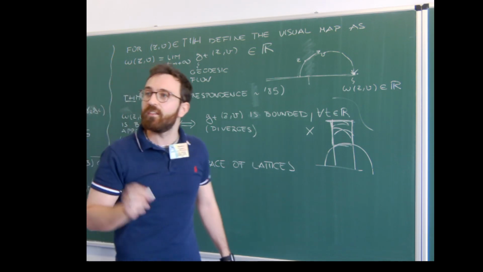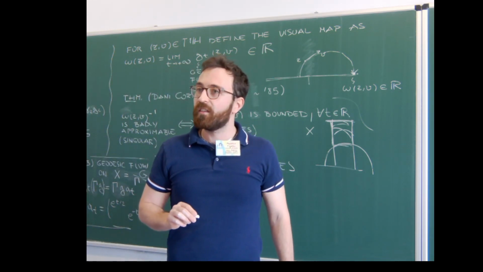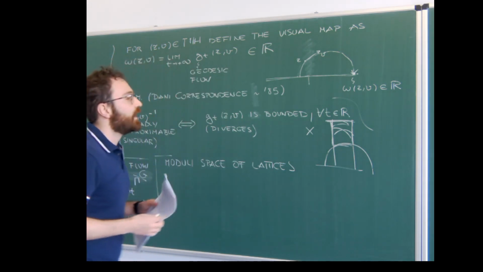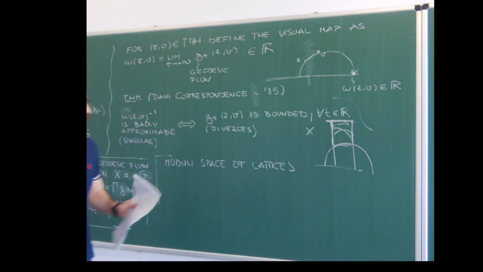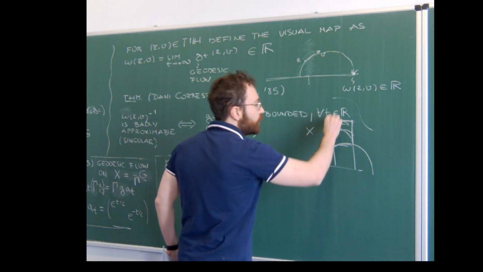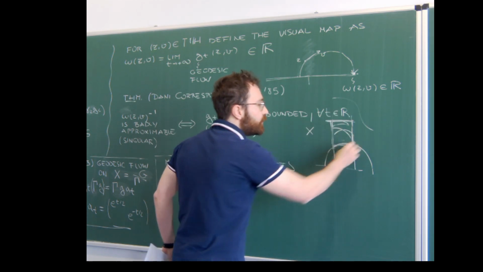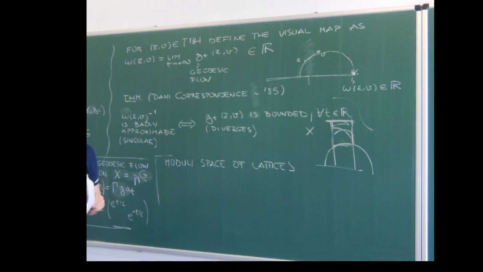When you say diverges, what's the precise sense that diverges? It means that it leaves every compact set. So remember, the topology that you have on this window is the topology induced by this distance here, which is also the same as the Euclidean topology.